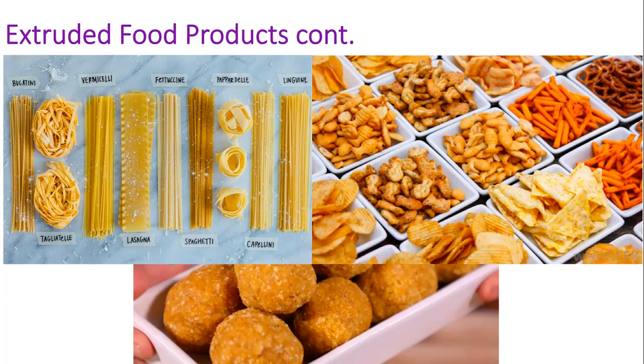So we use extrusion technology to develop such granules. And here you can see some pasta, spaghetti, lasagna-like extruded food products. So it is very common. Actually, we all have consumed extruded food products, and we will consume them.